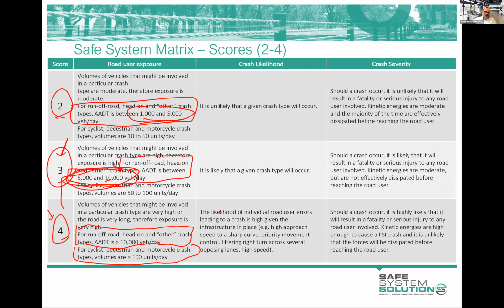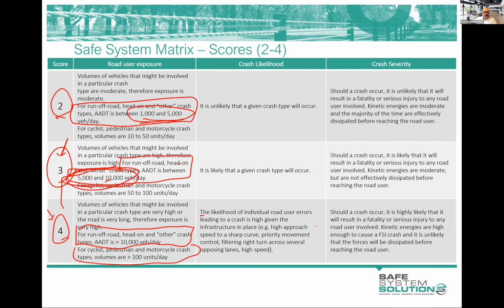The likelihood of individual road user errors leading to a crash is high given the infrastructure in place. E.g., high approach speeds to a sharp curve, priority movement control filtering right turn across several opposing lanes, high speeds.